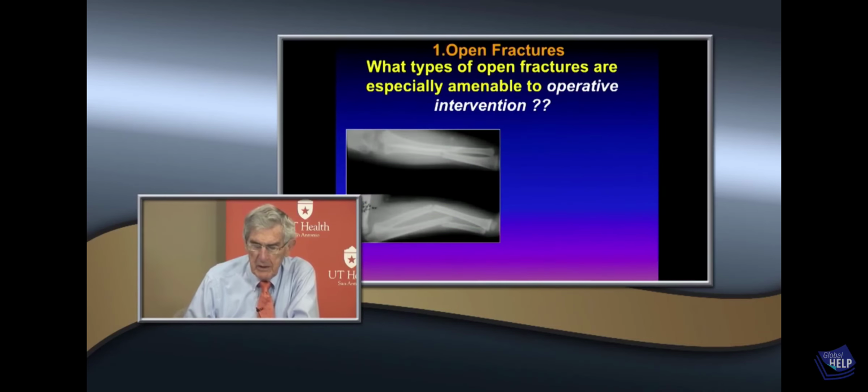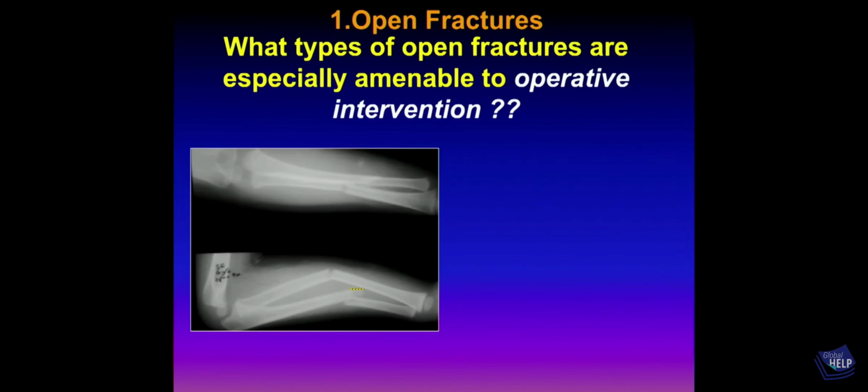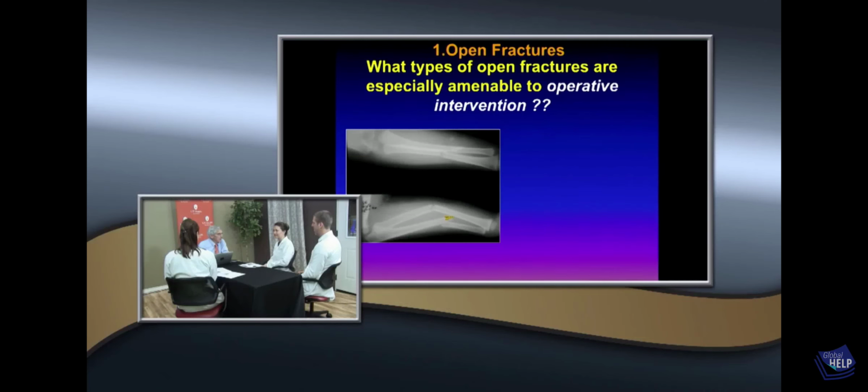So, here's an open fracture. This little thing had stuck out and had a little dirt on it, and it was a grade 1 open fracture. What are you going to do with this? Go ahead. Oh, you'd want to wash it, debride the edges, and then. Can you put a real well-molded cast on after you've done all that surgery?